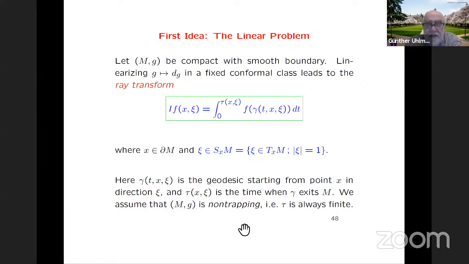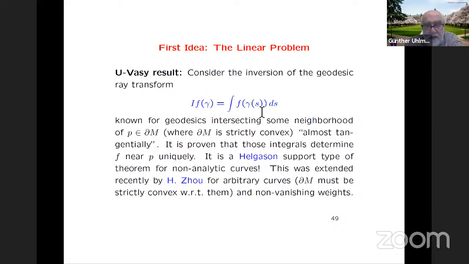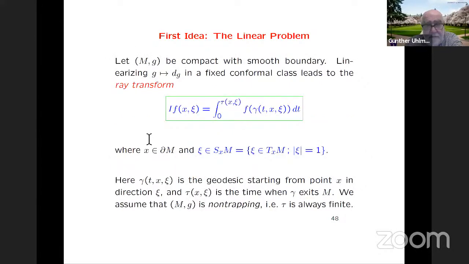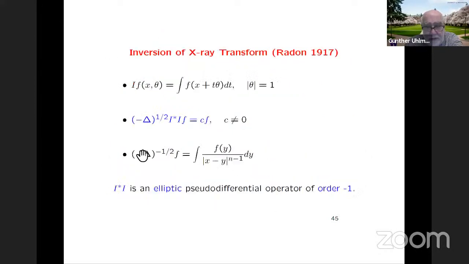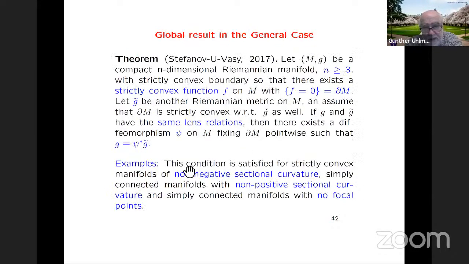And this is what we consider with Andras-Bacci. So you have the integration of a function along geodesics. It's only the geodesics joining some point P on the boundary, like we had before. And here I'm just considering the linear problem. So you look only at these geodesics, the geodesics joining these points here.